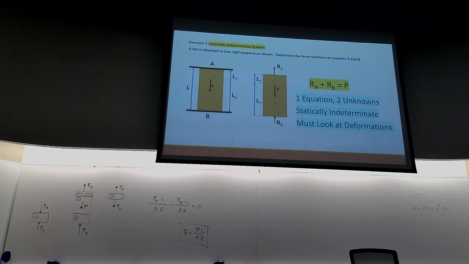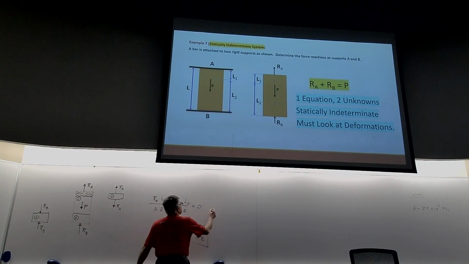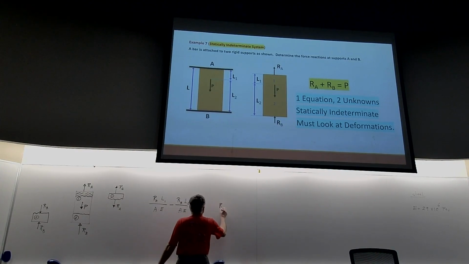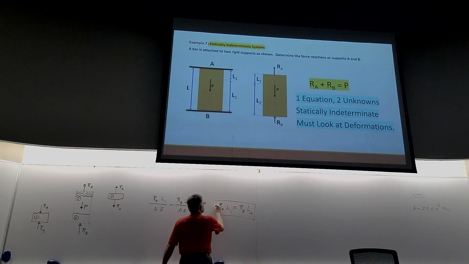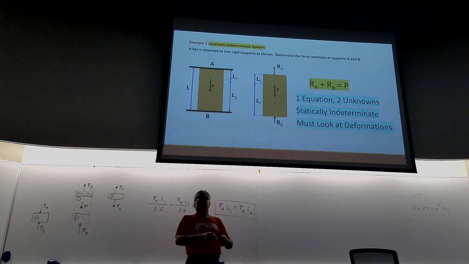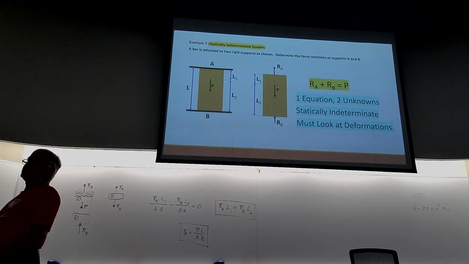The A's and E's are the same, so we could just get rid of both of these, and this means RA L1 is equal to RB L2. This is the additional equation that came from looking at deformations.